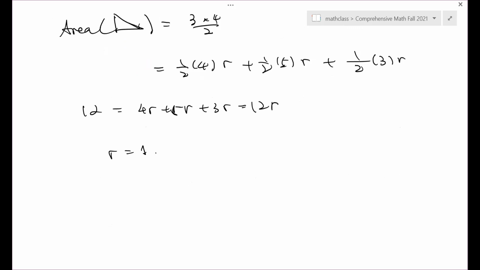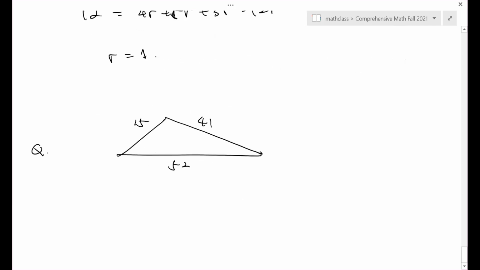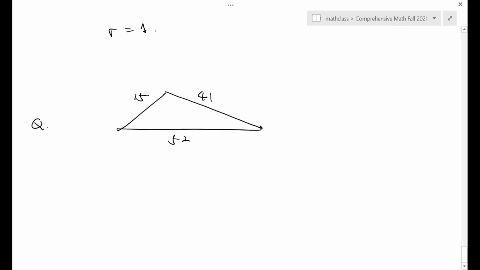If you generalize a little bit, okay, so I'm going to look at this problem here. I have a triangle with sides 15, 41, 52. First of all, I want to find the area.